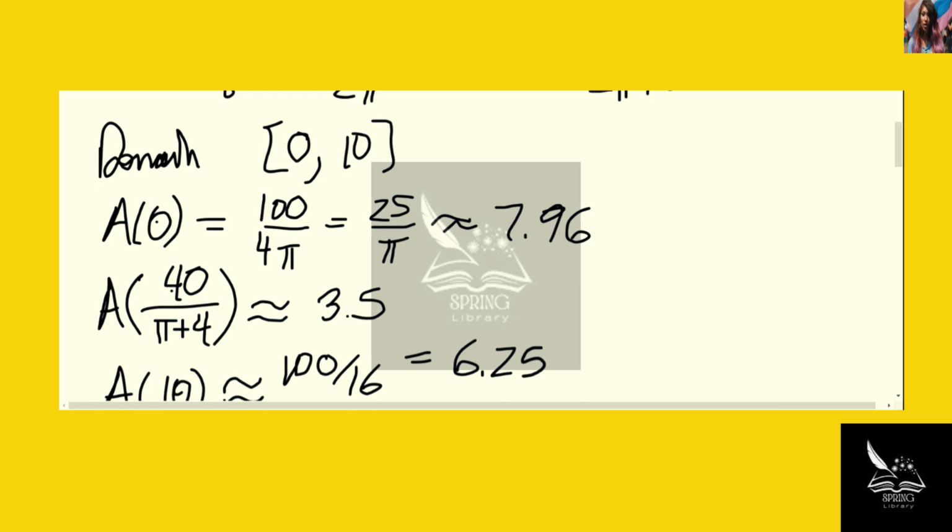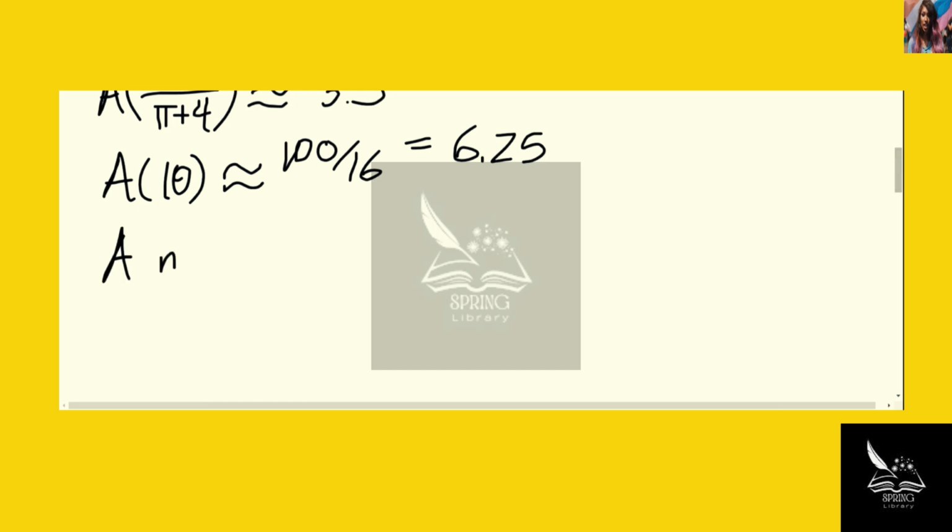So from all this, it's clear that the maximum area is obtained when x equals 0. So A is maximized when x equals 0. So the answer is all the wire should be used to make the circle.